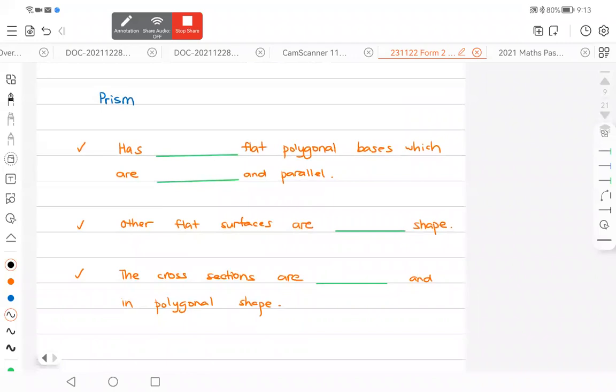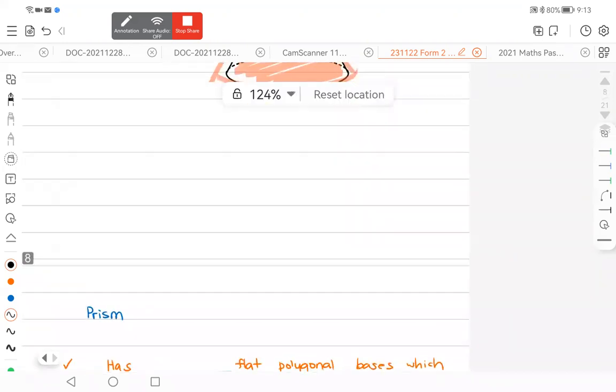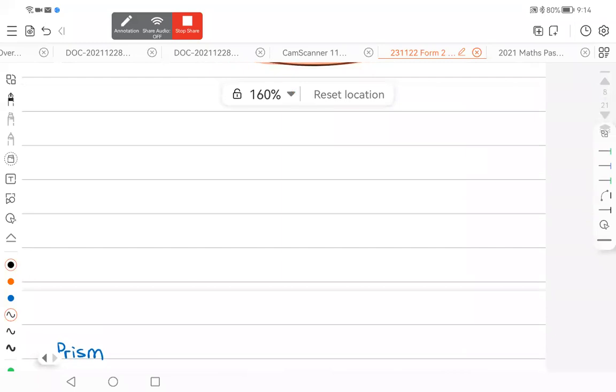Okay, next, one more. I want to specifically talk about prism. So what is prism? I think you know what is cone, what is cylinder, what is sphere. Then what about prism? Before we talk about prism, let's draw first. There are many types. Whenever we draw a prism, let's say now we want to draw a trapezium prism.